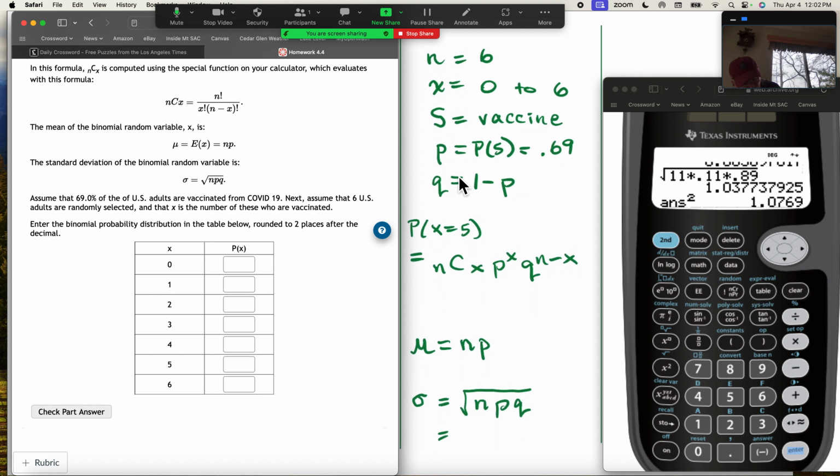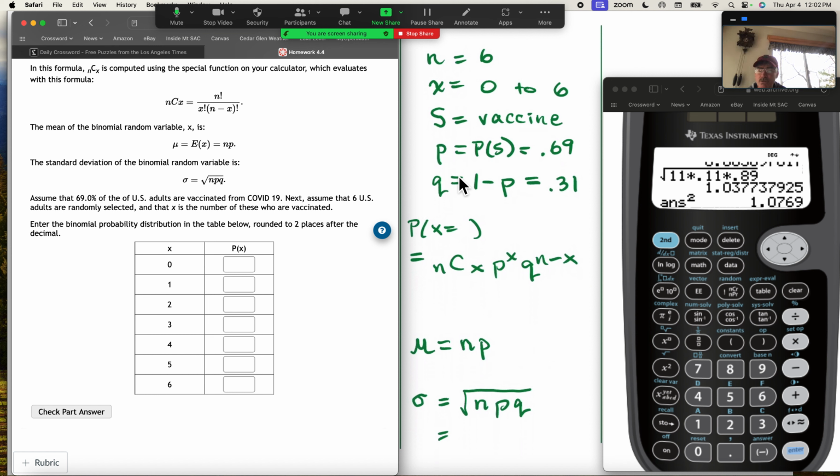So if 69% are vaccinated, then the complement of that, you just do 1 minus 0.69, you get 0.31.